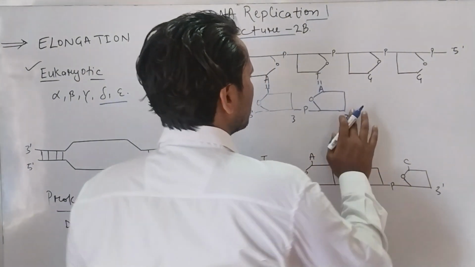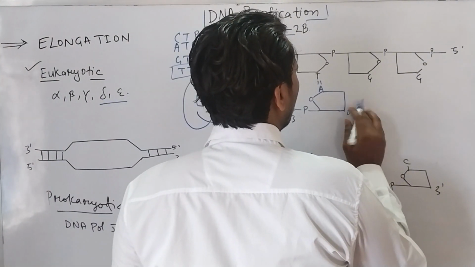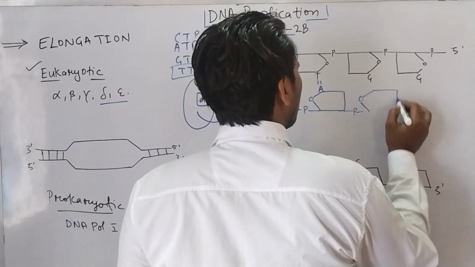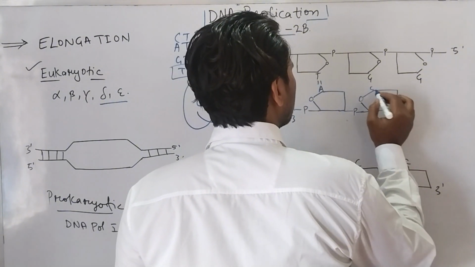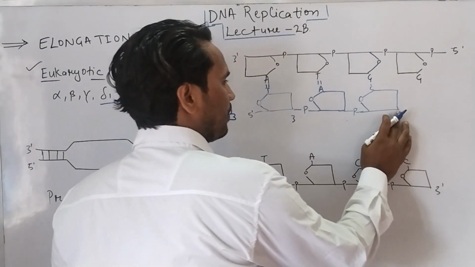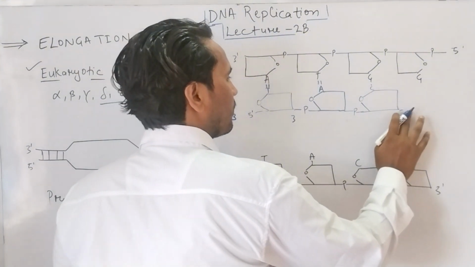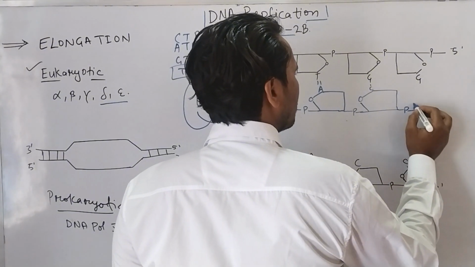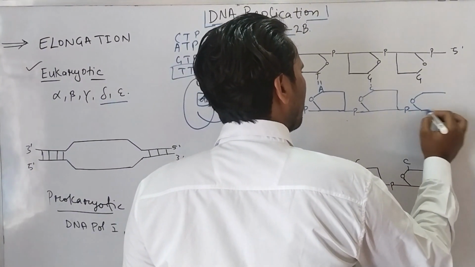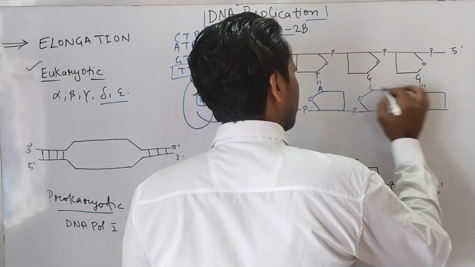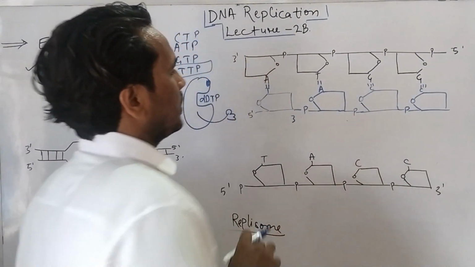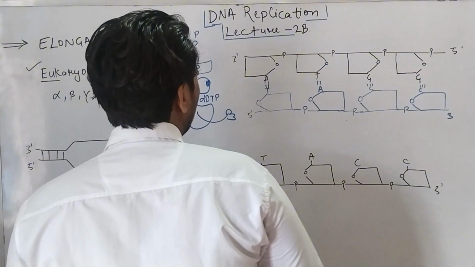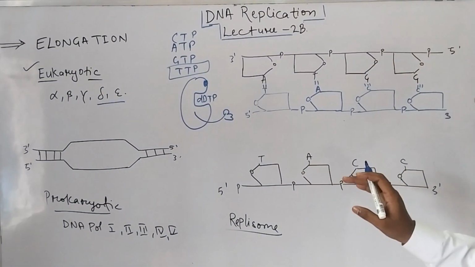A new nucleotide will again come and easily bind, so it will again have a 3' with an OH. Again one nucleotide triphosphate will come and form a bond. In such a way, this is the way of synthesizing a new nucleotide chain.